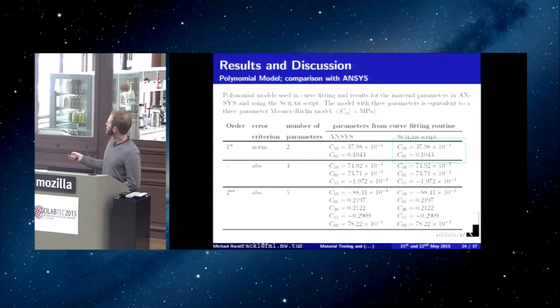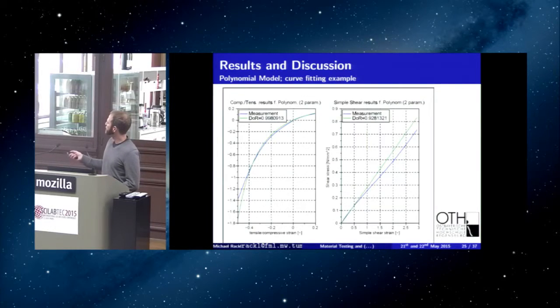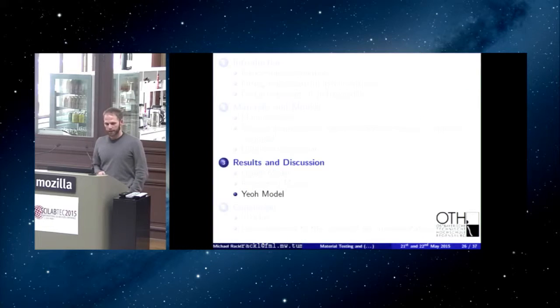Just to let you know, this is basically what is shown here. Also, the models correspond really well. Just to see that this is actually what the stress-strain curves look like. This is what the stretch curves look like, and yeah, it's really close. So I don't think there's too much to say about this.